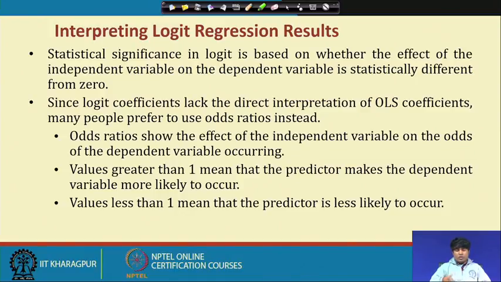After the transformation, when you get the estimated values, to get the odds ratio you find e to the power of that particular estimated coefficient. If the odds ratio is greater than 1, the outcome is more likely to happen, and if it is less than 1, it is less likely to happen. This is how the interpretation works for logistic regression.